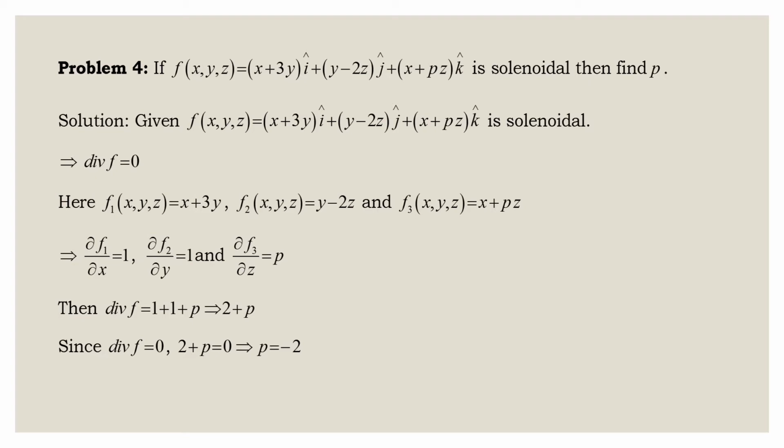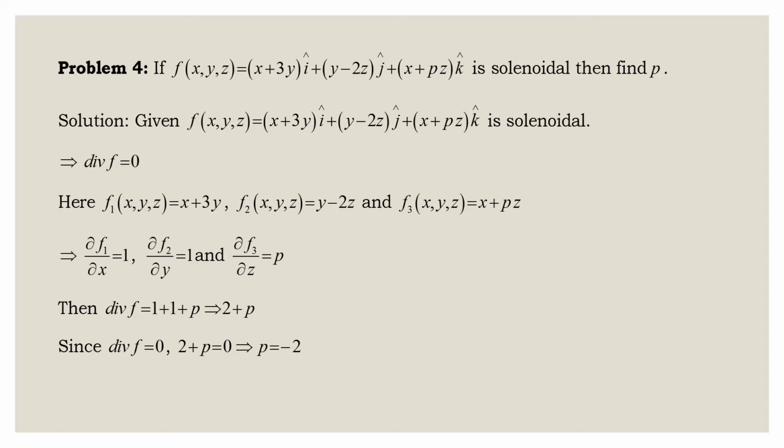Since f2 of x, y, z equals y minus 2z, its partial derivative with respect to y, ∂f2/∂y, is also 1. Since f3 equals x plus pz, ∂f3/∂z equals p.